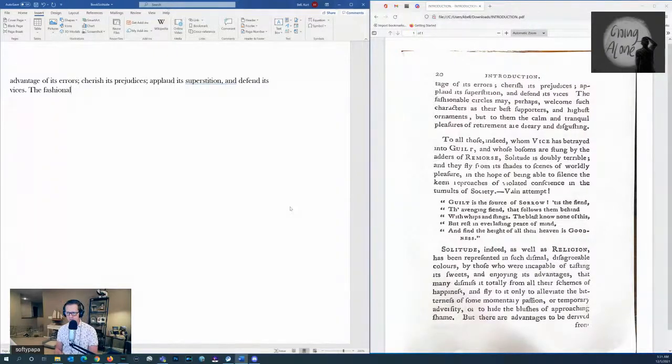Fashionable circles may perhaps welcome such characters as their best supporters and highest ornaments, but to them calm and tranquil pleasures of retirement are dreary and disgusting.